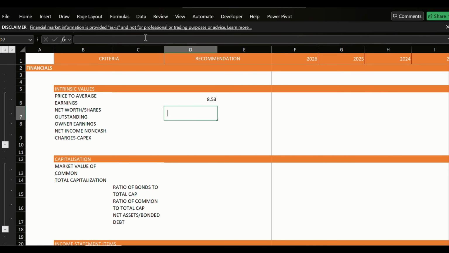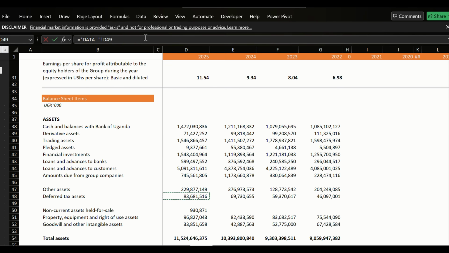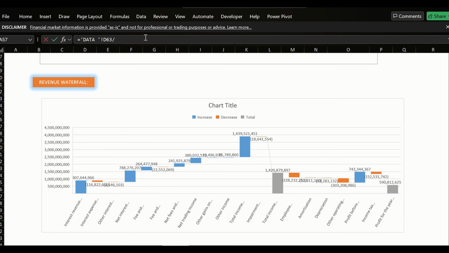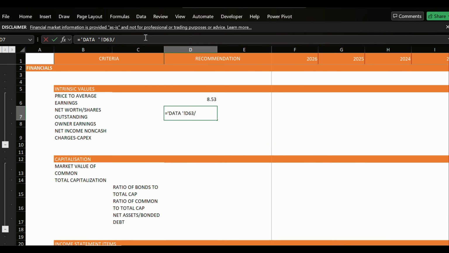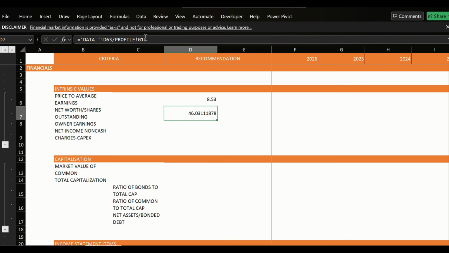Yeah, then the net worth divided by the shares outstanding. So this is why it was important for me to have converted the shares outstanding and total capitalization. So, this amount.